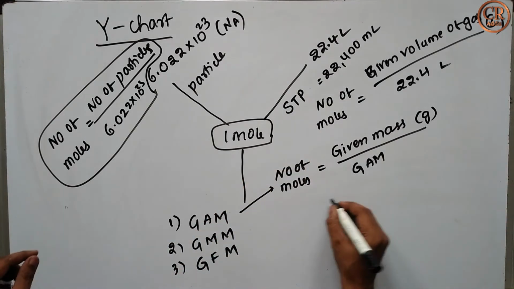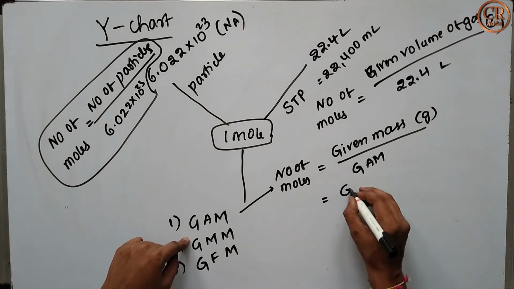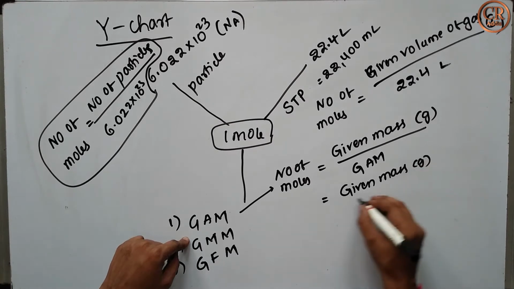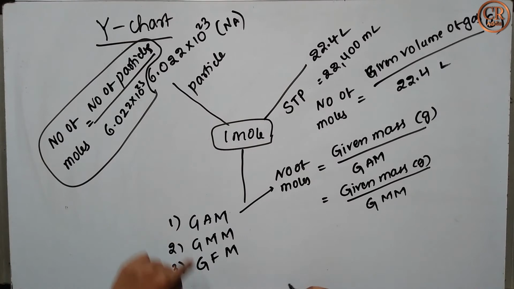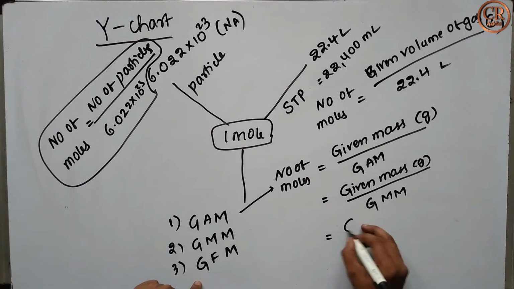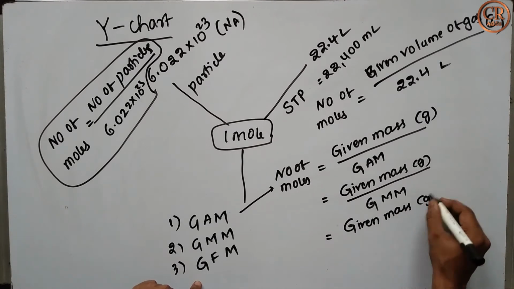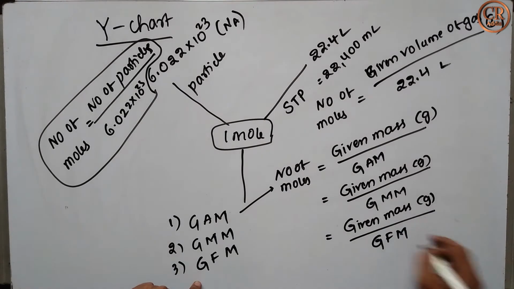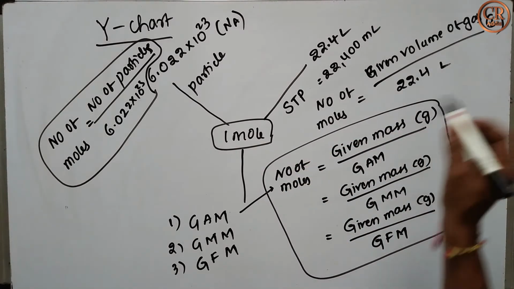Then next, we can write it in another way, that is number of moles in terms of gram molecular mass, the given mass in grams by gram molecular mass. Then for gram formula unit, this is also equal to given mass in grams by gram formula mass. So this is a relation between number of moles and given weight.